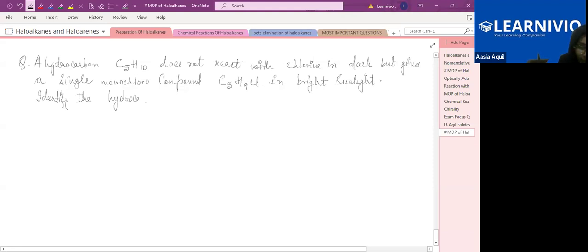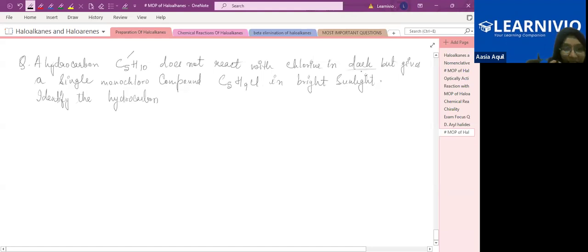This type of question can come in the exam. The hydrocarbon, whose formula is C5H10, what would it be? It is supposed to be an alkene. But it's mentioned over here that C5H10 does not react with chlorine in dark.